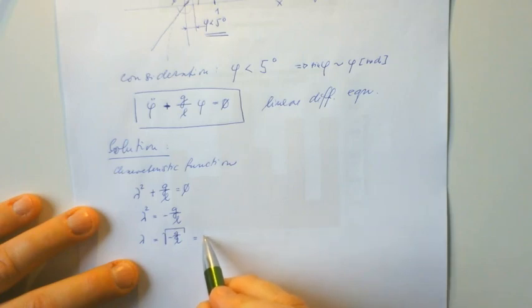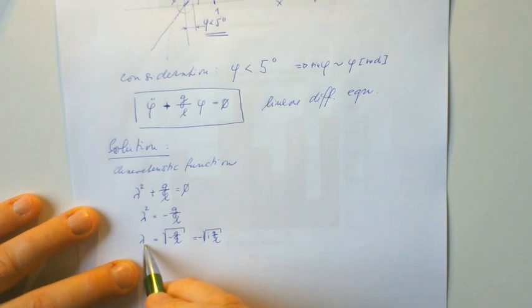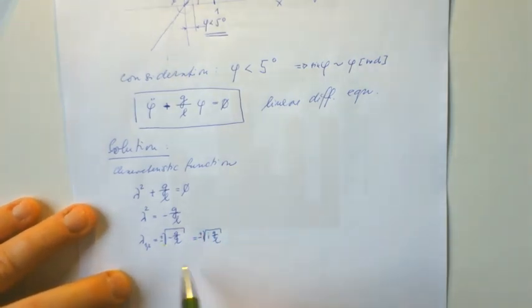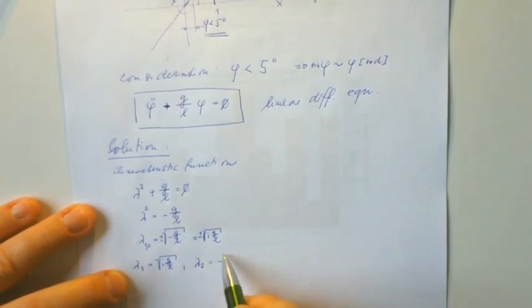So I can write it like this: plus or minus square root of i g over L, and it is lambda 1, lambda 2, because we can write plus minus here, because we apply the square root. So let's say lambda 1 is i square root of g over L, and lambda 2 is minus i square root of g over L.